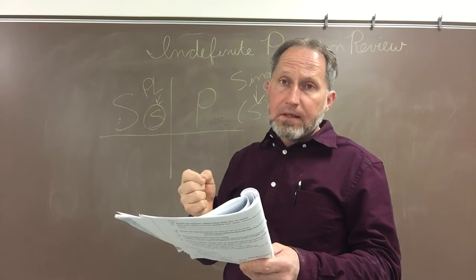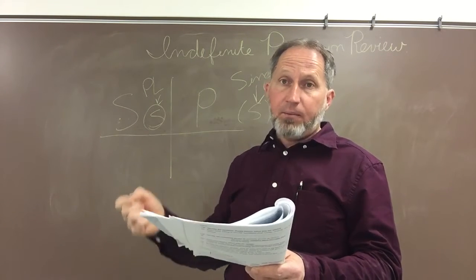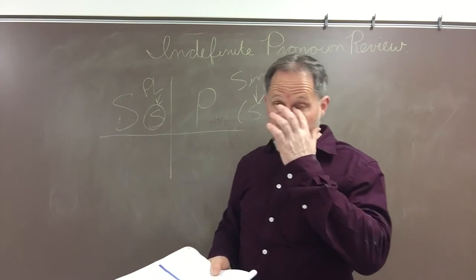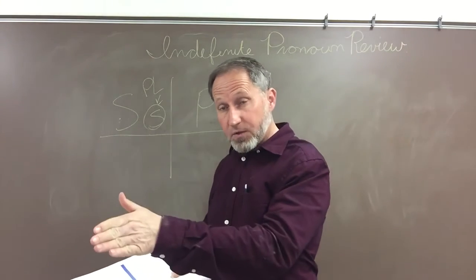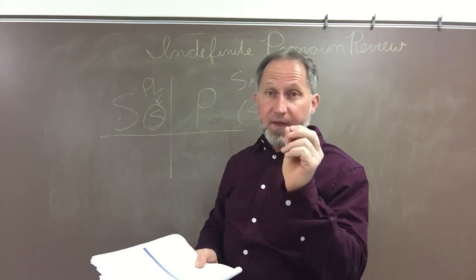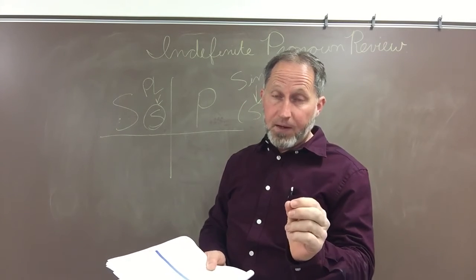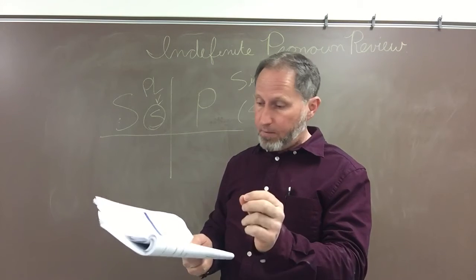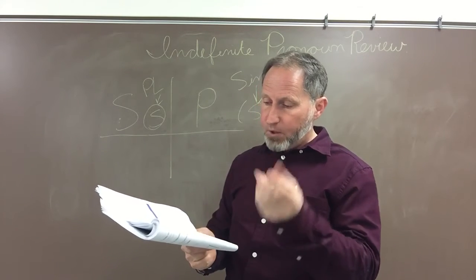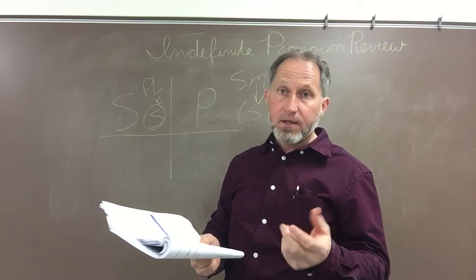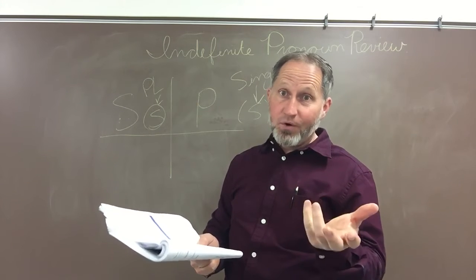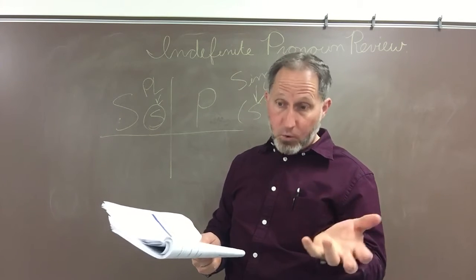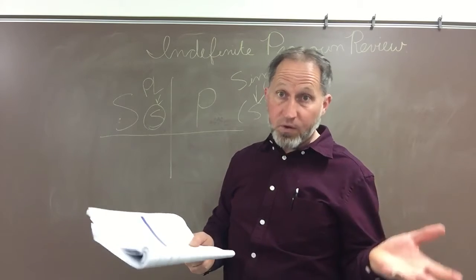Don't use the object of preposition. Often there'll be a prepositional phrase. But be careful, pay no attention to the object of preposition with those that are always singular. And the same rule applies for the next list, those that are always plural. So the always plural list: both, few, several, many. Now think about it. Both, you know there is more than one. Few, more than one. Several, more than one. Many, more than one.